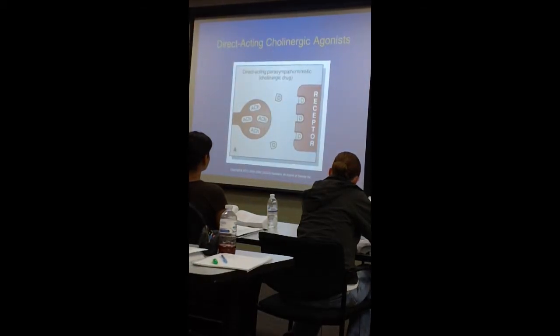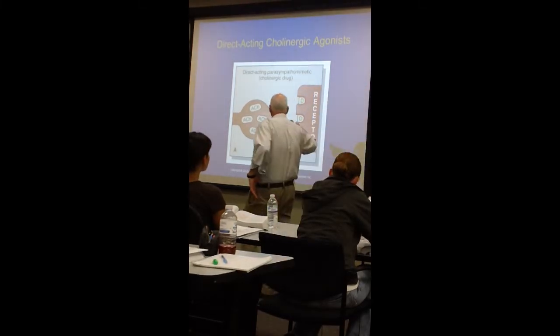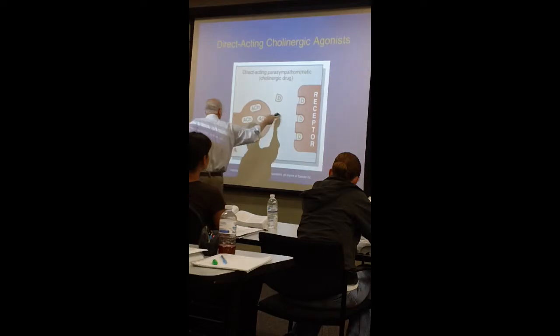Now this is an actual picture of a nerve. As you can see, if it was an artist rendering, you would see letters on there. No, it is an artist rendering. Anyway, you can see how the direct-acting parasympathetic cholinergic drugs act as they go from one area to the other and into the receptor sites from one here to the other.